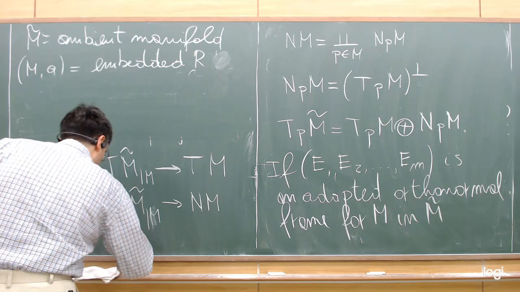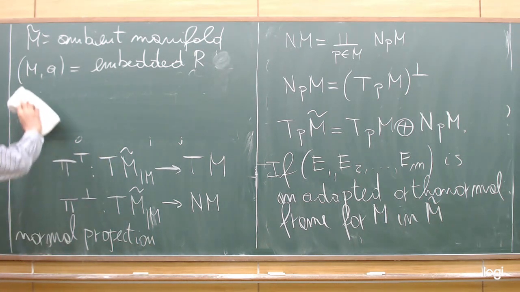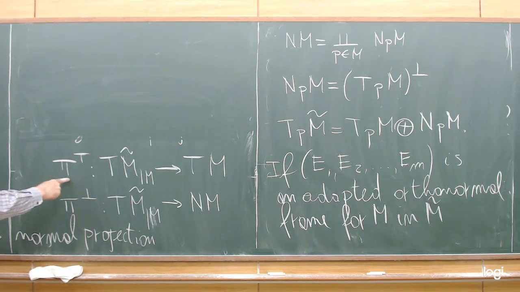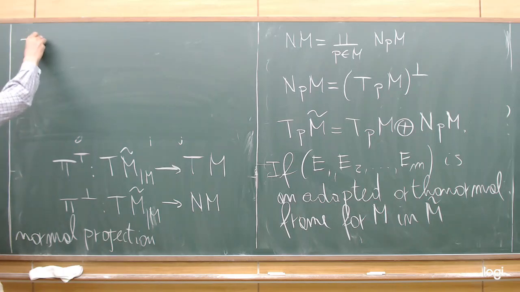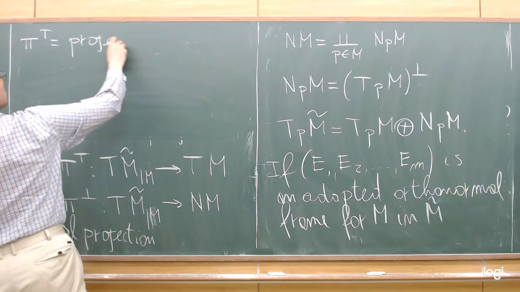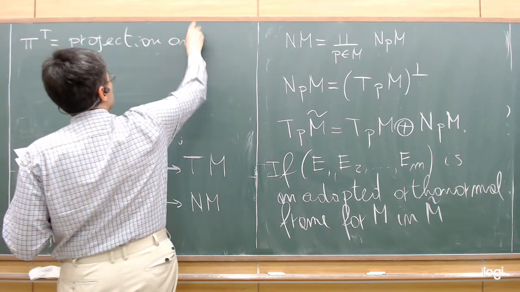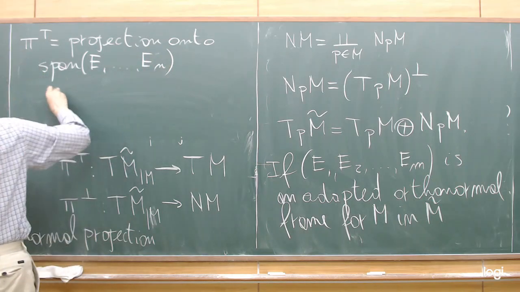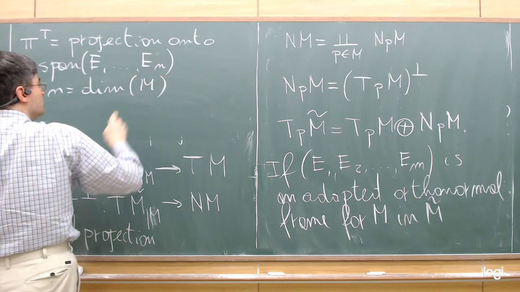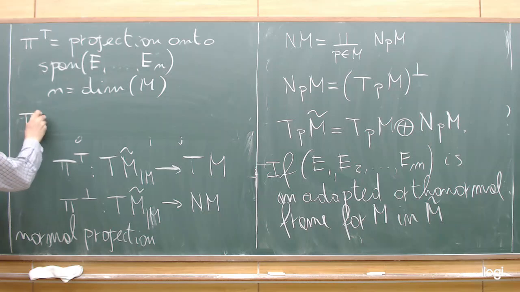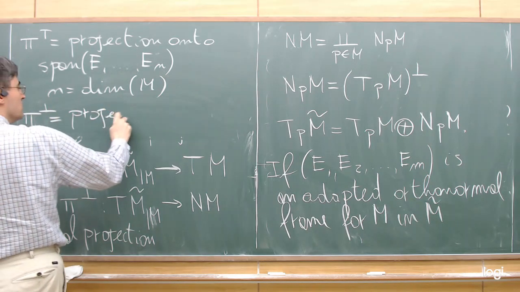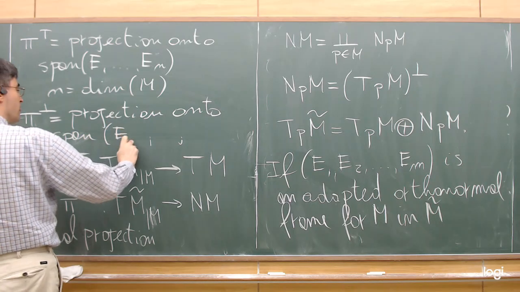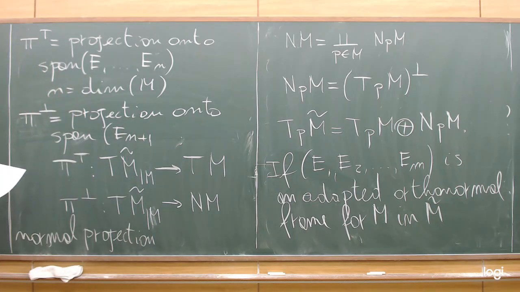I'm sorry. So the tangential projection is a projection onto span E1, ..., En, where n is the dimension of M, and the normal projection is a projection onto the span of the remaining vector fields.